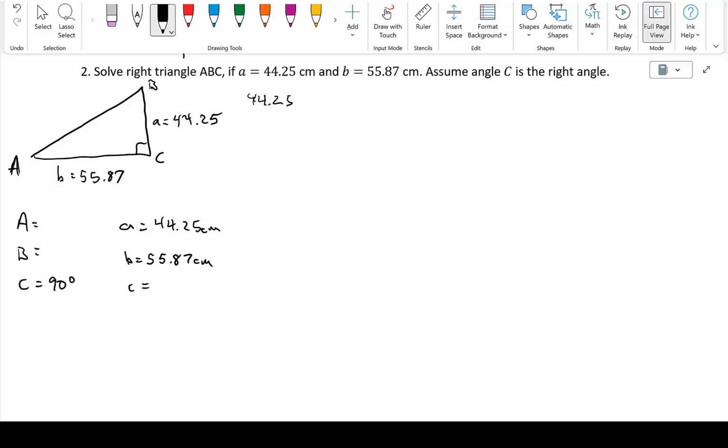So we have A squared, or 44.25 squared, plus B squared, or 55.87 squared, equals C squared. If we take the square root of both sides, we get that little side C is approximately the square root of 44.25 squared plus 55.87 squared.